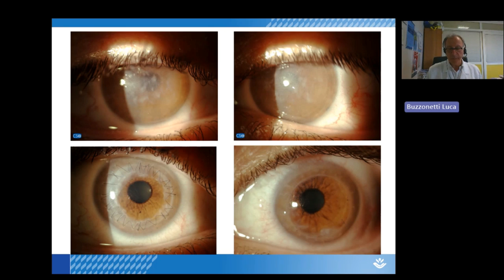After penetrating keratoplasty, the visual acuity increased to about 0.6. I performed the transplantation about 4 years ago, and up to now, I have not yet observed a recurrence.